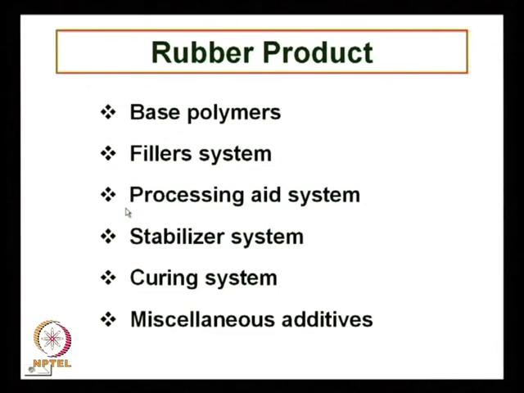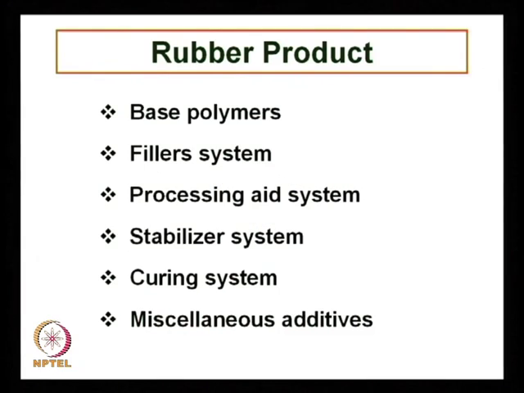Then the processing aid system, used in order to incorporate and disperse the additives which we include in our product. It decreases the viscosity, increases the fluidity, and helps in incorporation and dispersion of these additives. Stabilizer system: it stabilizes the rubber from degradation in the environment.